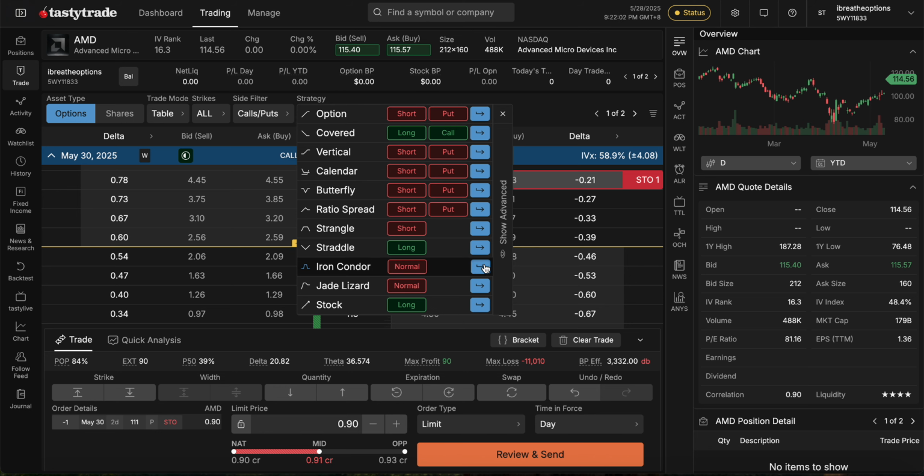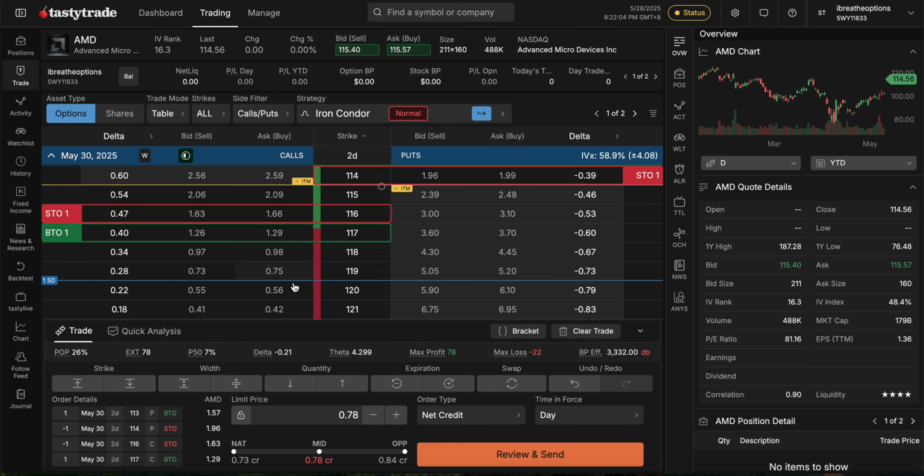So let's do an iron condor here. You can look at the probability of profit, 26% here. So it means that delta is just like a shortcut to gauge the probability of success. But if you really look at a multi-leg strategy, we will look at a combined probability of profit based on the full risk profile.